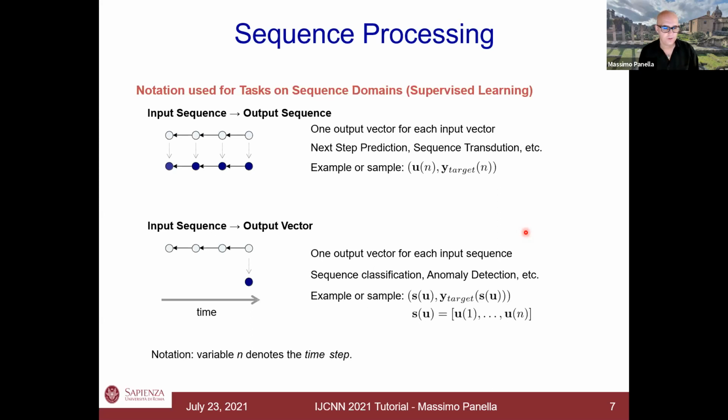When you deal with next step prediction, the input is a time series and the output is a time series. And for each input, you want to predict, to forecast the future one.